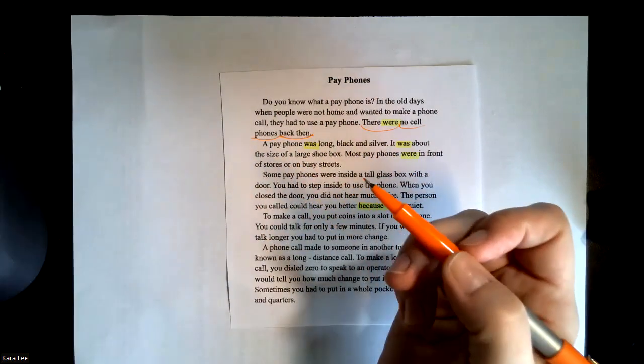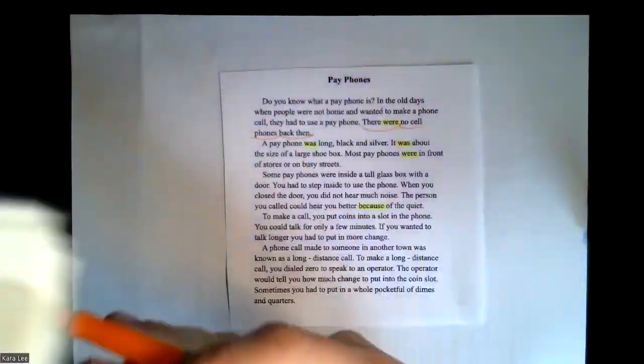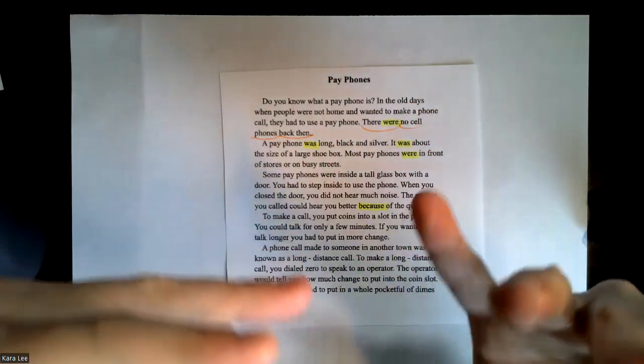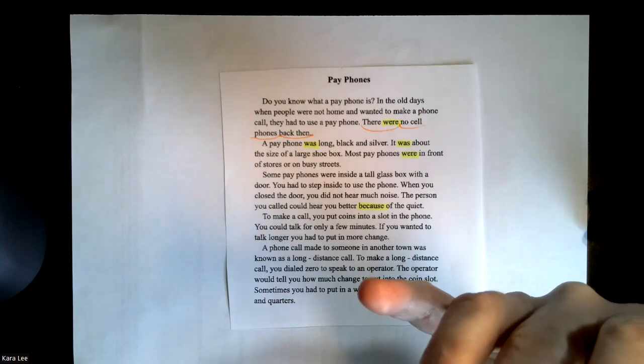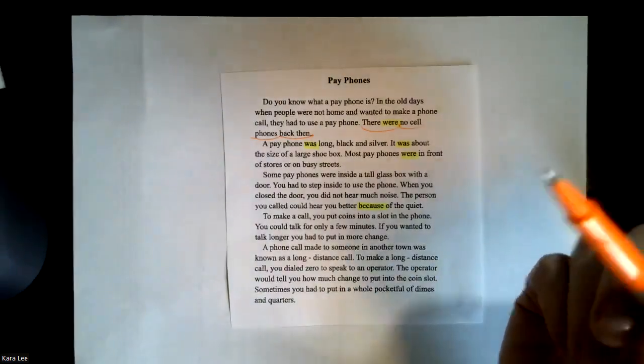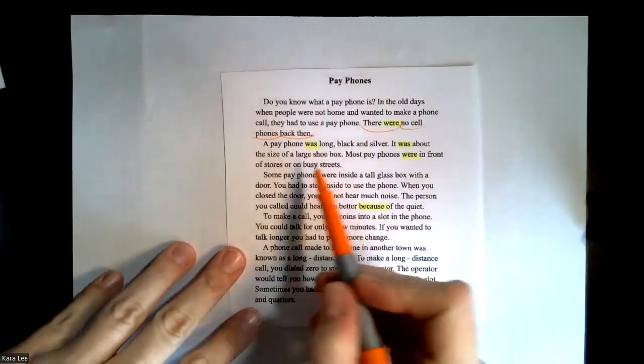The idea of one content word per phrase is not a law. It's a general guideline, and it helps us keep talking about function and content words, which is just absolutely rich. When students know about content and function words, it is absolutely a game changer for spelling, especially, but also for reading, especially in terms of prosody.